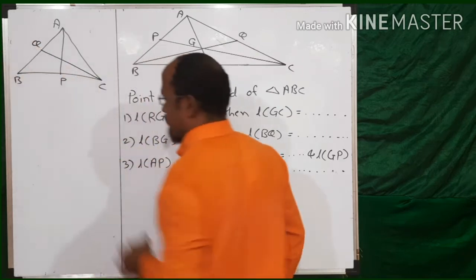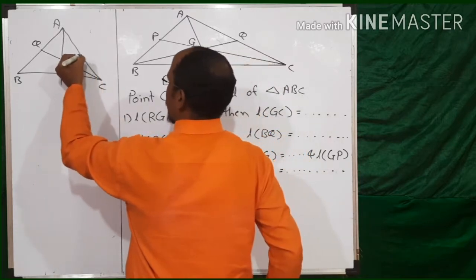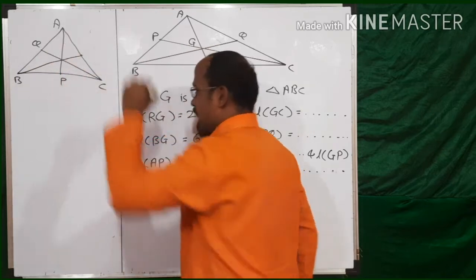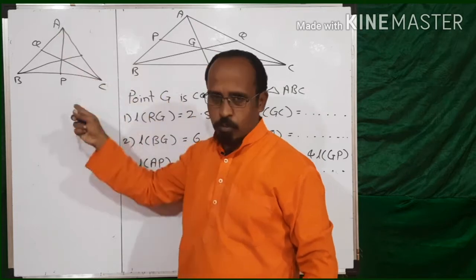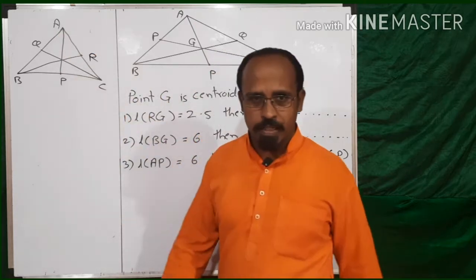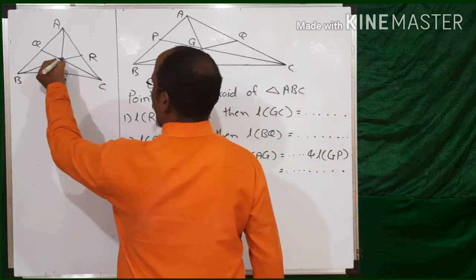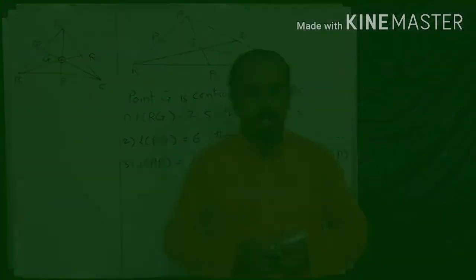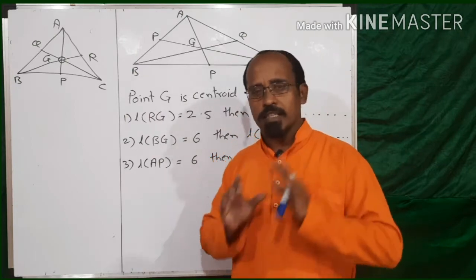So CQ is a median, AP is also a median, and if I connect the midpoint R of AC from vertex B, because AC is the opposite side of vertex B, then BR is a median. And what is meant by centroid? Centroid is nothing but the point of concurrence of all medians of a triangle.